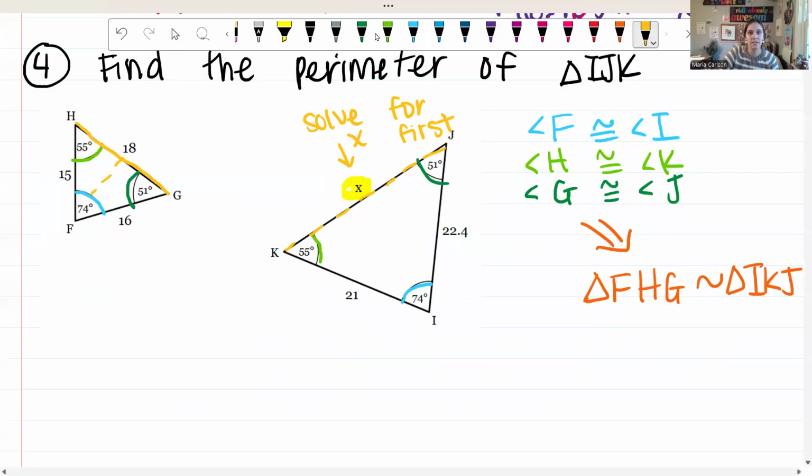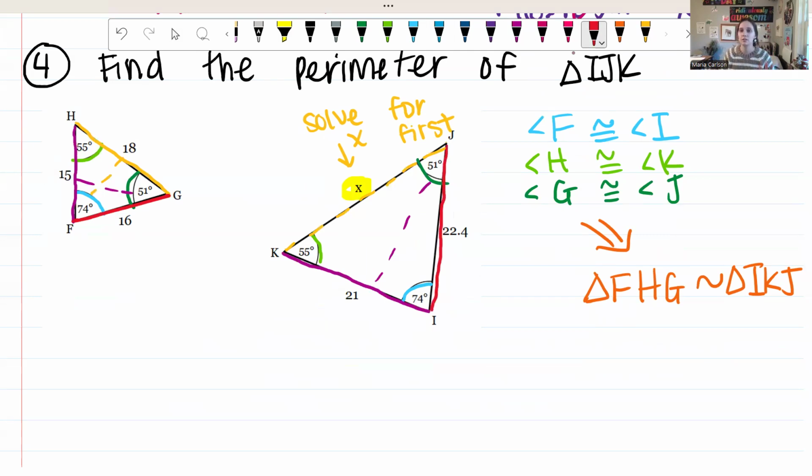And then I could relate HF, which is 15, to KI, because both of these sides are across from the angle that's 51 degrees. And I also know that FG is corresponding to IJ.